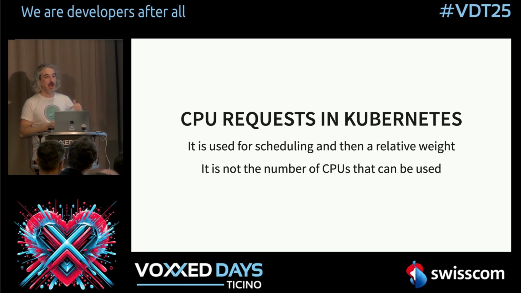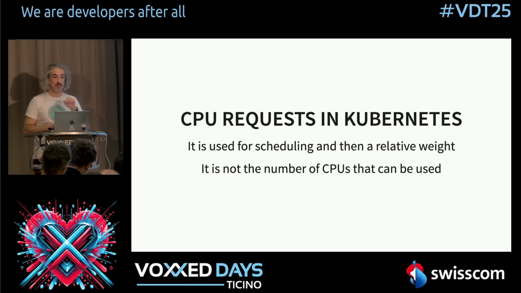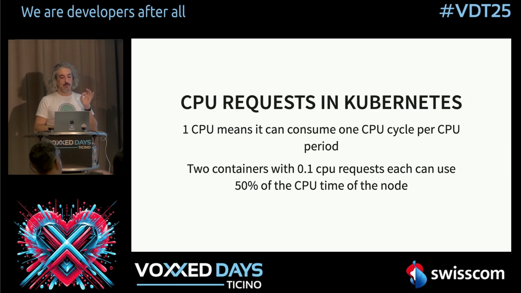But after that, after the container is running on that node, this is used as a relative weight with the other containers running in the same node. It's not the number of CPUs that can be used. Okay? So one CPU request means it can consume one CPU cycle per CPU period.